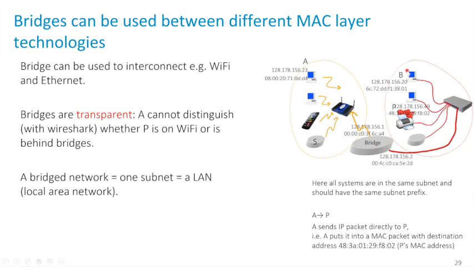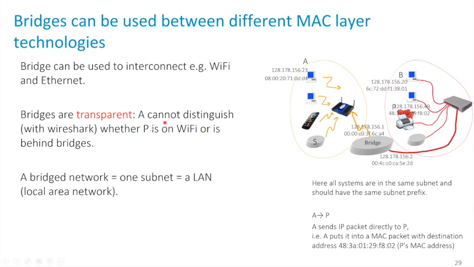They have tables: the first Ethernet concentrator knows it should be forwarded on this port, and this one knows it should be forwarded on the Wi-Fi port here. So they are on the same local area network, even though there are two technologies here. And A or B cannot distinguish whether the other systems are on the same system or not.